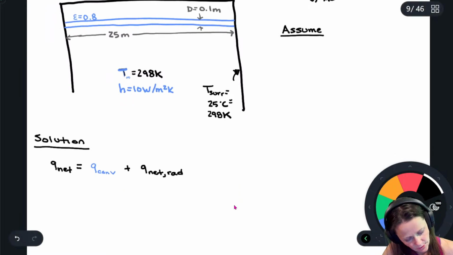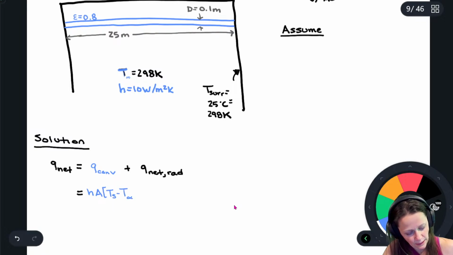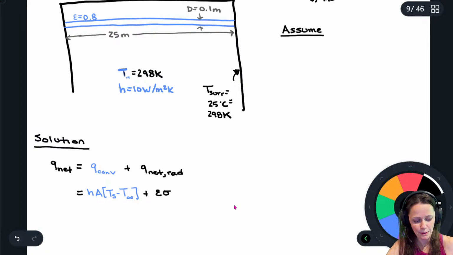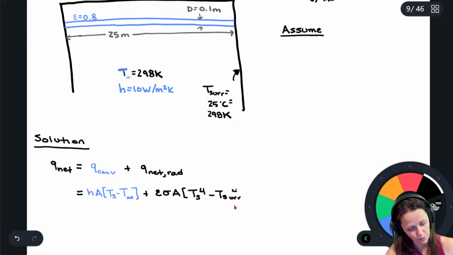All right, so this is going to be h times A times T of our surface minus T infinity, plus, got my emissivity, Stefan-Boltzmann constant with the correct units, the area, and then we've got Ts to the fourth minus T surroundings to the fourth.